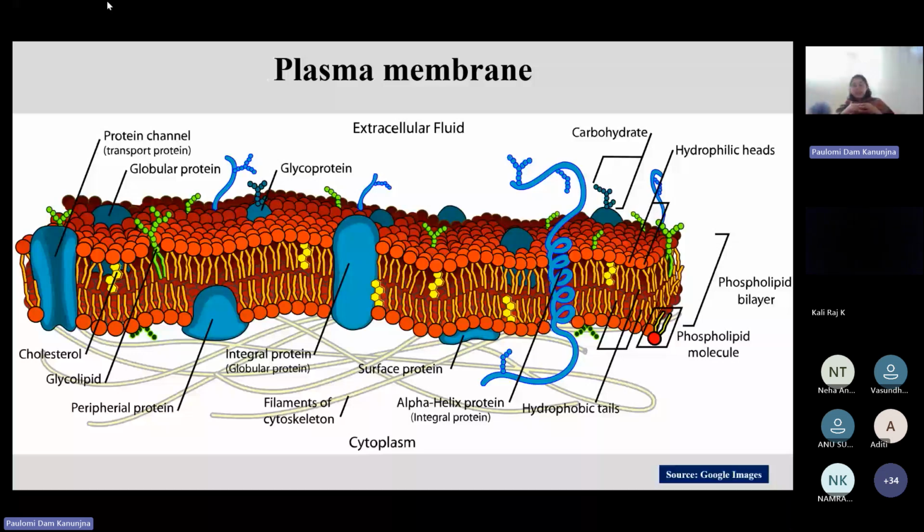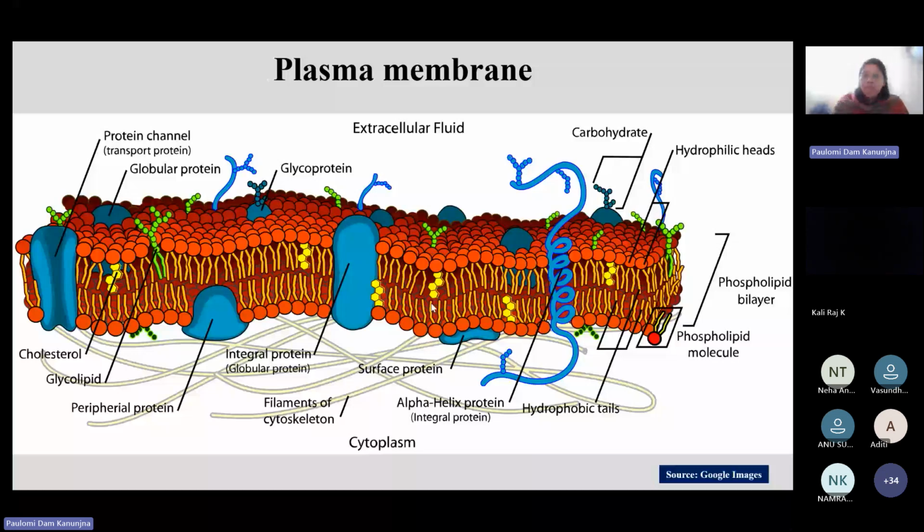When you talk about the plasma membrane, you define it as a thin, living, selectively permeable boundary, and that's what makes it the most important cell boundary. Everything and anything cannot just enter the cell. It is guarded by its plasma membrane, which only allows certain molecules to pass inside. They enclose the cell, and that's why they also regulate the exchange of substances between the cell and its environment.